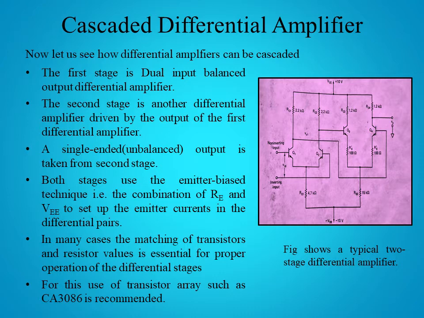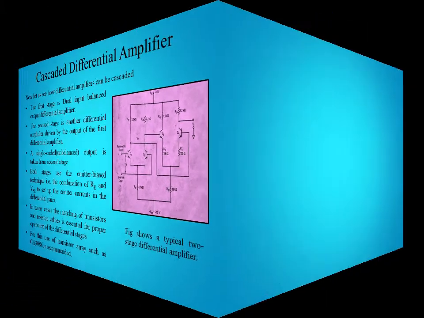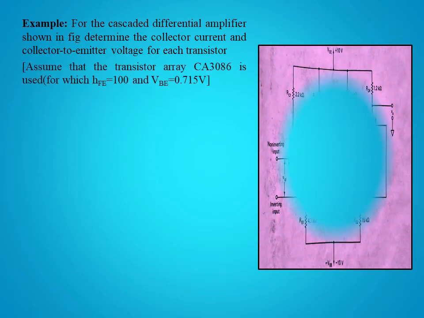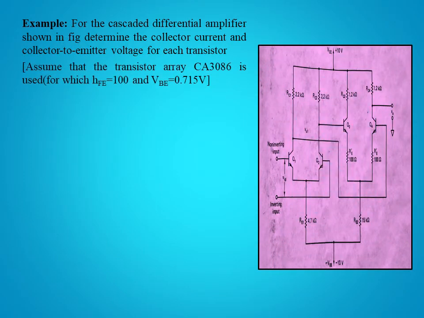Now we'll first go through one example of what happens when a cascaded differential amplifier is used. The example is: for the cascaded differential amplifier, determine the collector current and collector to emitter voltage for each transistor. Some of these parameters are given and the rest are shown in the diagram.